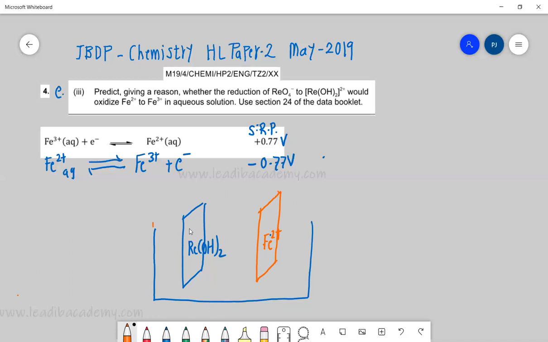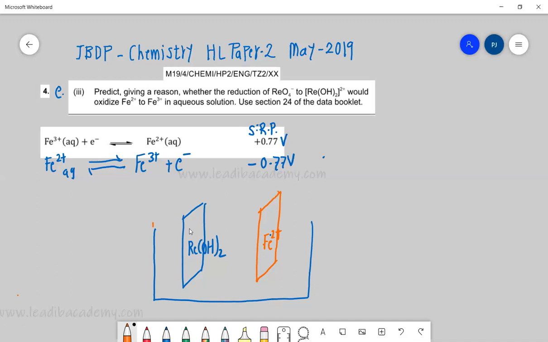If we set up this cell, is it going to be spontaneous? This is the cell I have formed. Would ReOH twice oxidize this? That is the question.